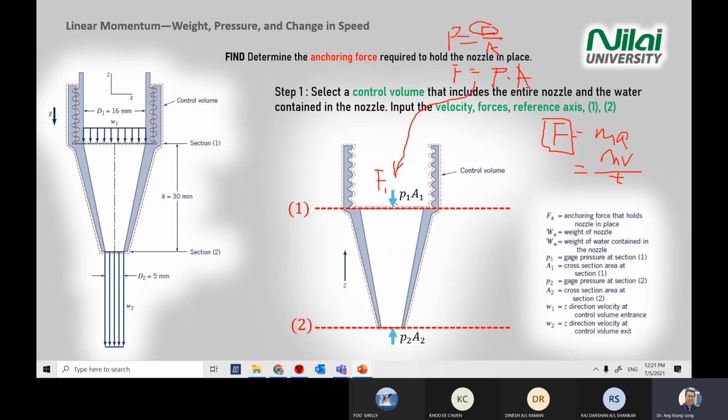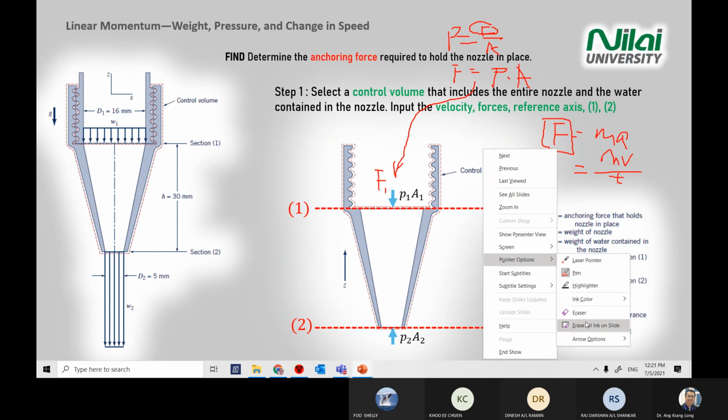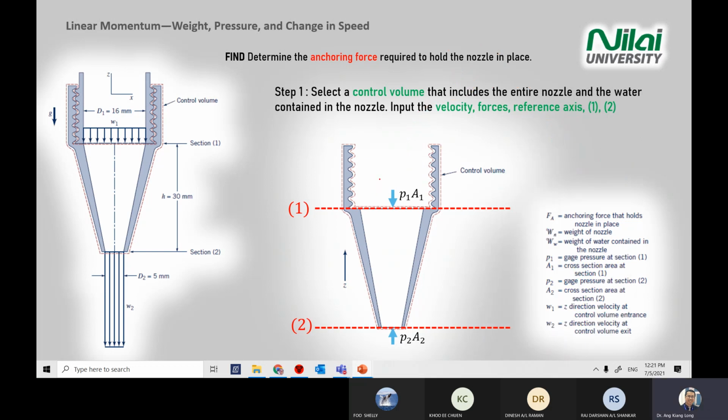So you have F1 here, meaning the force at your inlet. So you have your inlet force and outlet force. Focus on the direction of the arrow that you draw. It will always point to the surfaces. Pressure is always acting on the surfaces.